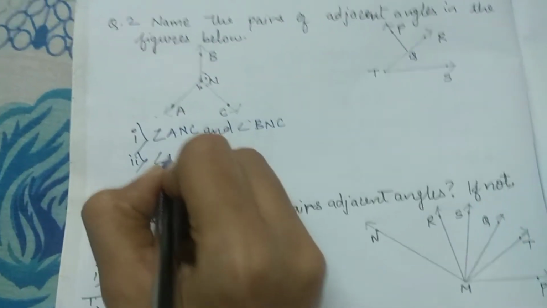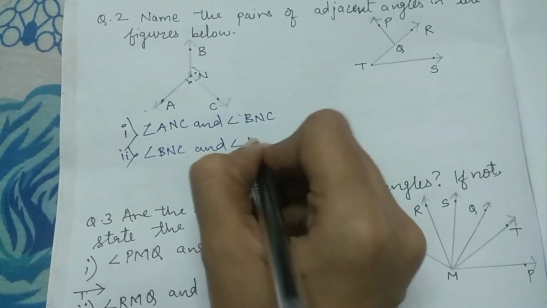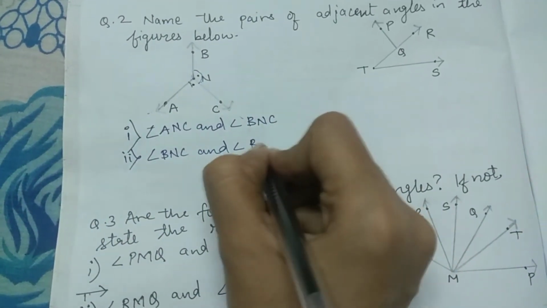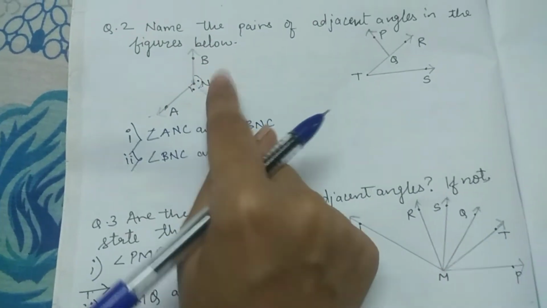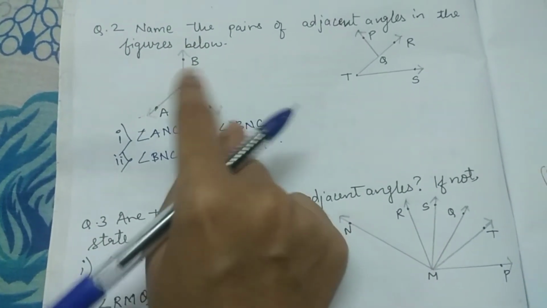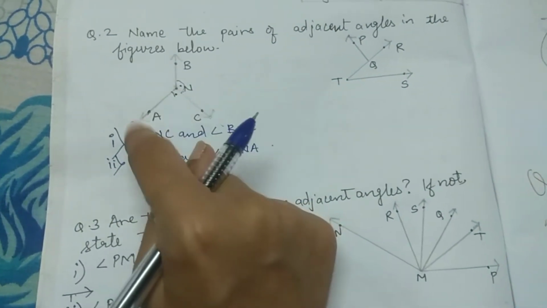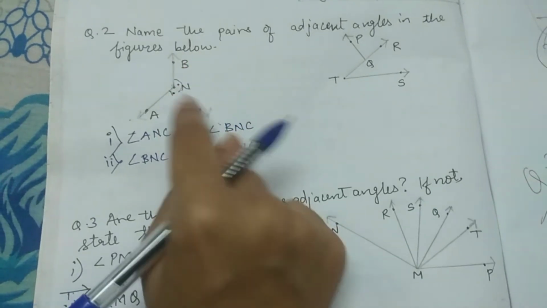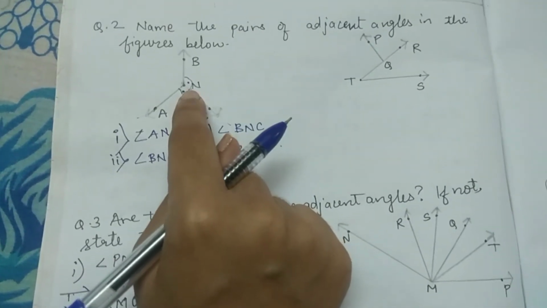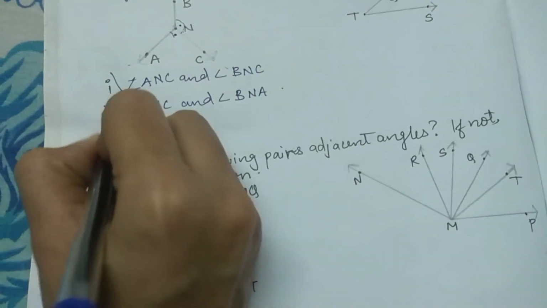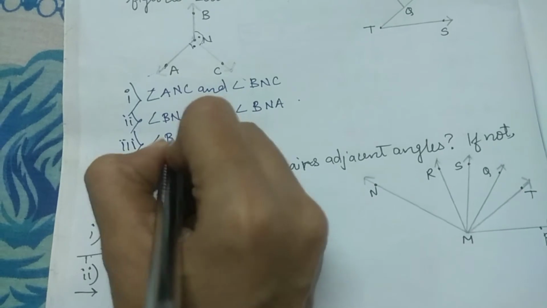So angle B and C and angle B and A. These two are adjacent. Even these two angles are adjacent. NA is the common arm, NB and NC are the arms on the opposite sides, and N is the common vertex. So there are three pairs of adjacent angles in this figure.